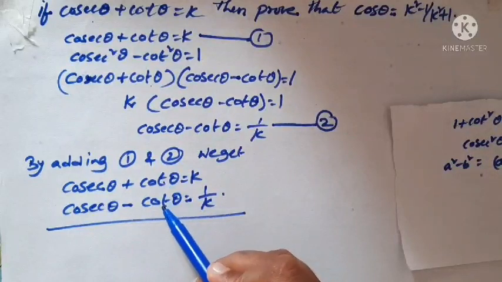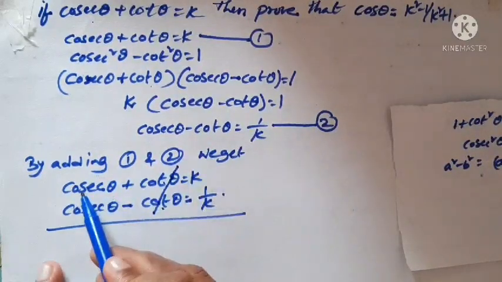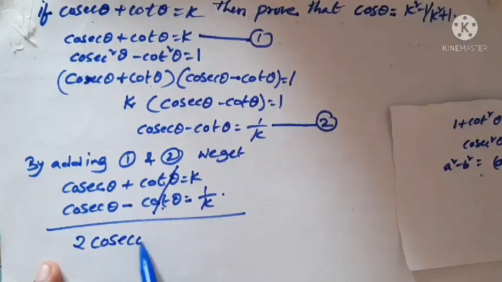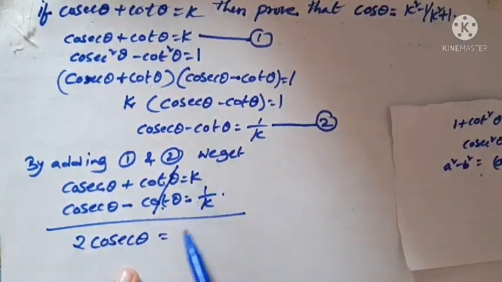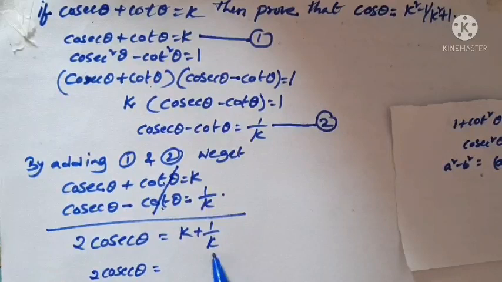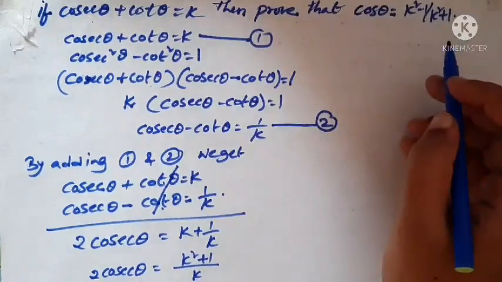Here cot theta gets cancelled. Now for cosecant theta you get 2 cosecant theta is equal to k plus 1 by k. What is the LCM? k is the LCM. k into k square plus 1 by k. You get k square plus 1 by k.